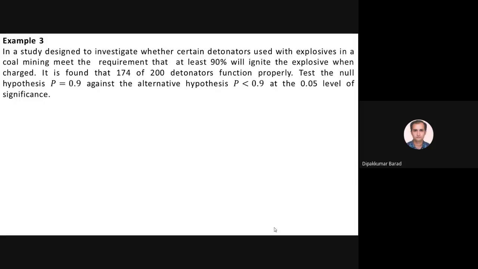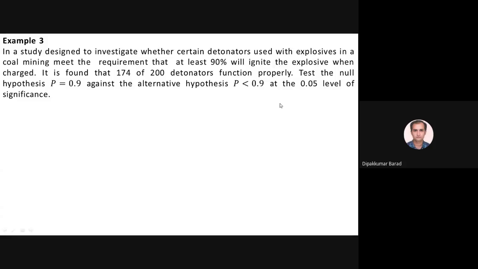Out of them, 90% will ignite the explosive when charged, and it is found that 174 out of 200 detonators function properly. So we have a given sample of 200, in which 174 detonators function properly. It means they will ignite the explosive when charged.